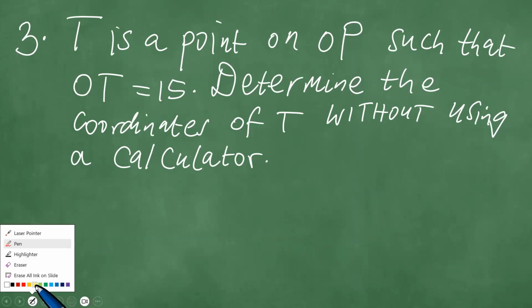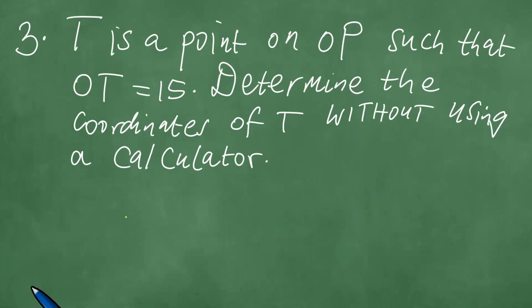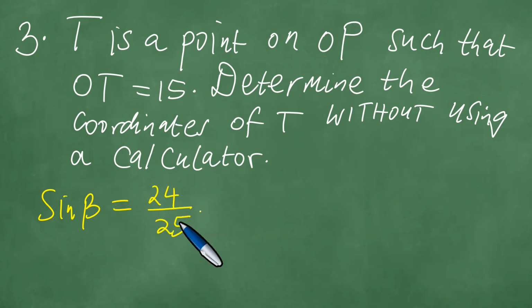So it's the sine of beta. It is 24 out of 25. Which is like y at the point T divided by the hypotenuse at the point T, which is 15.